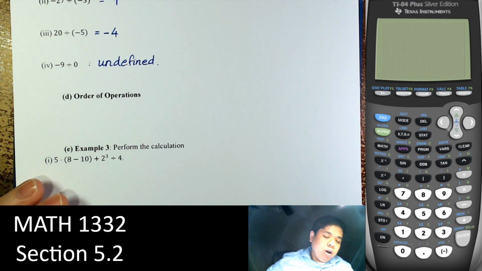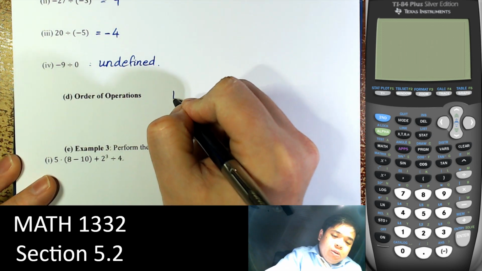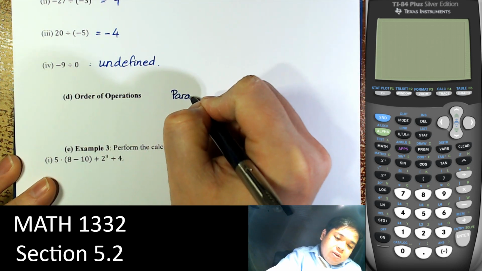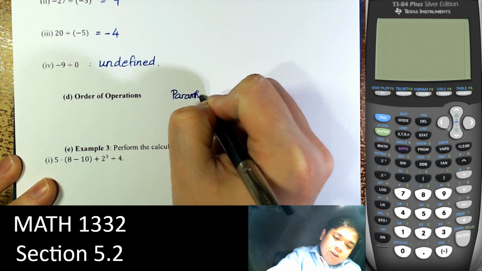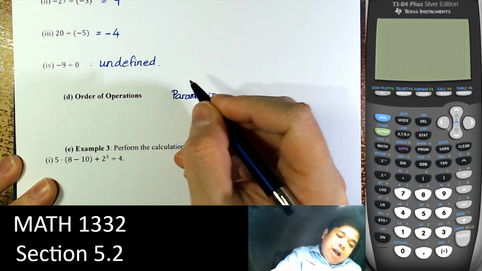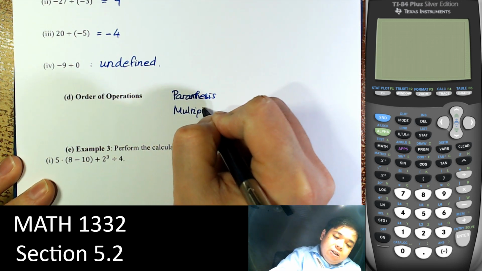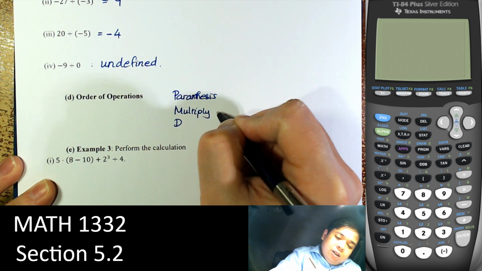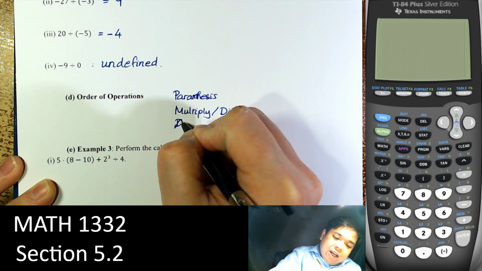Right, order of operations. So for order of operations, we do inside parentheses first. And then multiply, divide. Multiply, divide. Add or subtract.